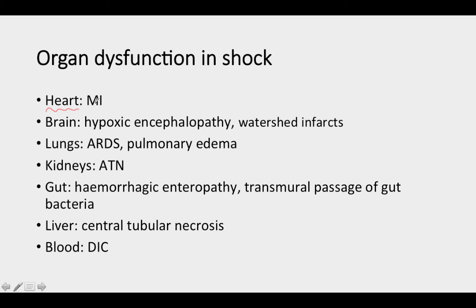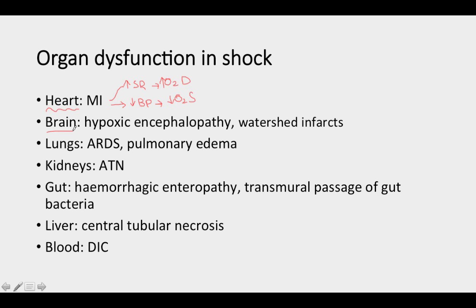But in something like septic shock or hemorrhagic shock, you have increased activity of the heart because it's trying to compensate for low blood pressure by beating faster. So increasing its heart rate is also increasing its metabolic demand for oxygen. And because of the low blood pressure, you actually have a decreased oxygen supply. So you've got an increased mismatch of demand and supply for oxygen, predisposing it to a myocardial infarction.